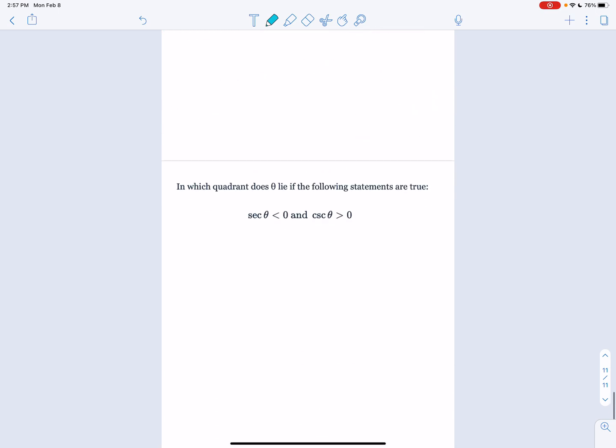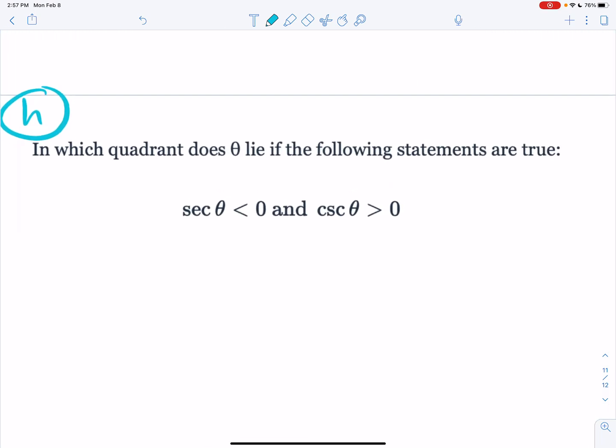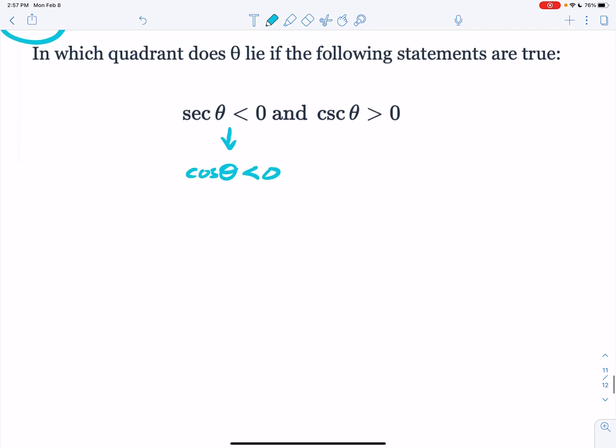Here's the last one. I thought that was the last one. Try this one out and then press play when you're ready. Okay, so here secant is less than 0, so secant is negative. So that would imply that its reciprocal cosine is also negative. And where is cosine negative?